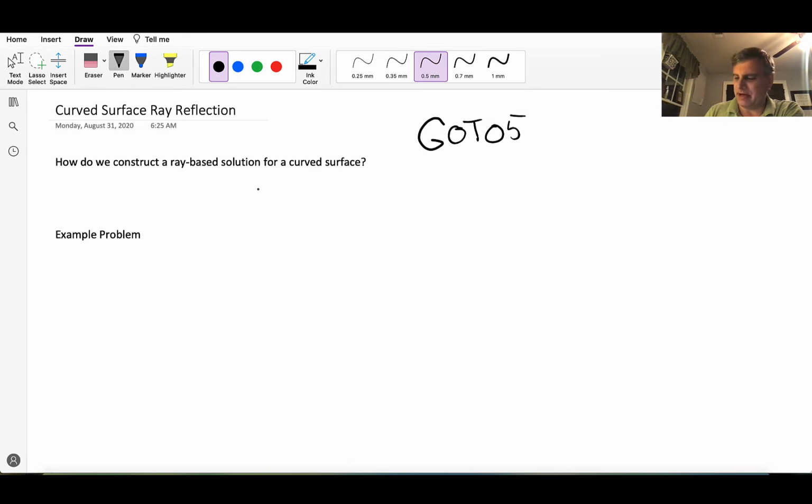We've already talked about how to trace rays through a medium and how to construct a field solution based on that ray using curvature. And of course, we all know from physics how to reflect a ray from a flat surface.